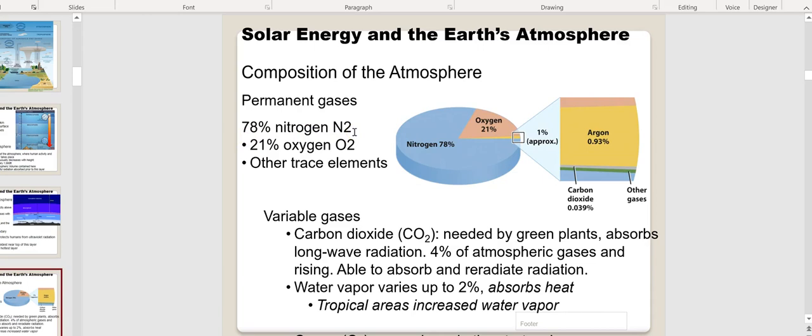And you might think to yourself, oh, that's pretty interesting, because I had no idea. I thought most of the atmosphere was oxygen. Well, you're right, we do breathe oxygen, but nitrogen is one of those really life-giving and necessary nutrients, especially for us as humans as well.